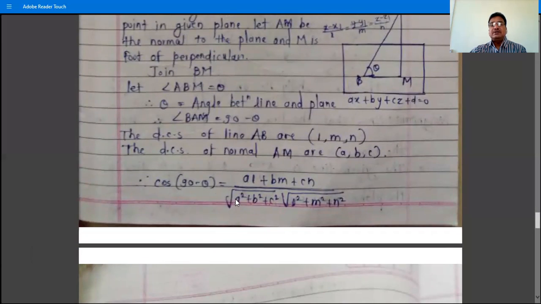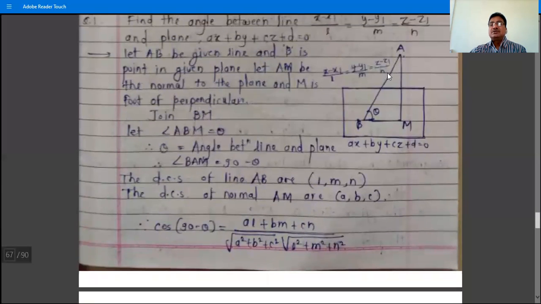So cos(90 minus theta) is (al plus bm plus cn) divided by root of (a square plus b square plus c square) times root of (l square plus m square plus n square). This is the formula to find the angle between two lines. Now AB and AM are two lines, and 90 minus theta is the angle between them.